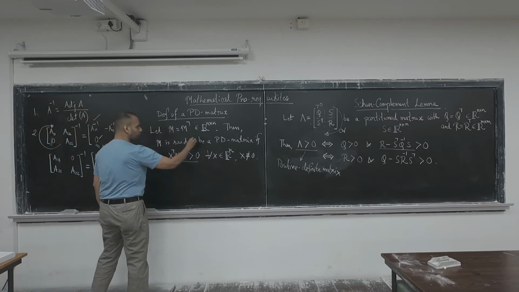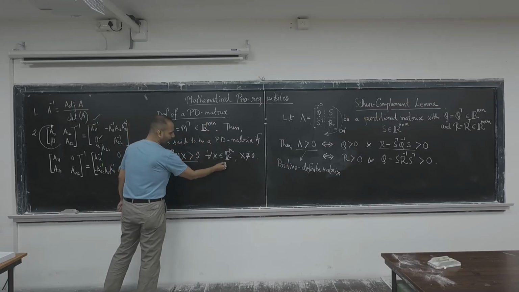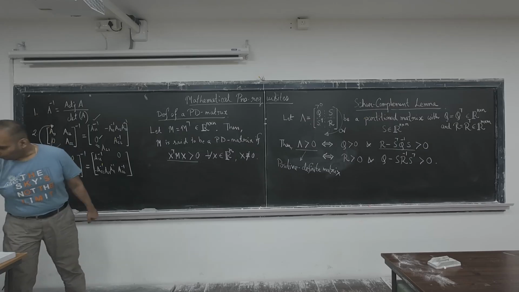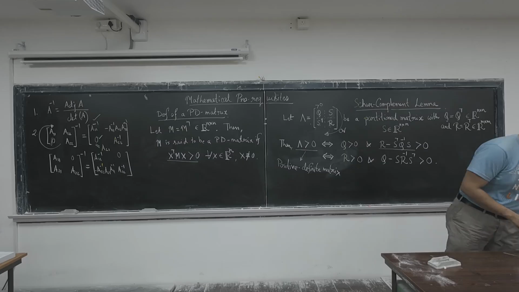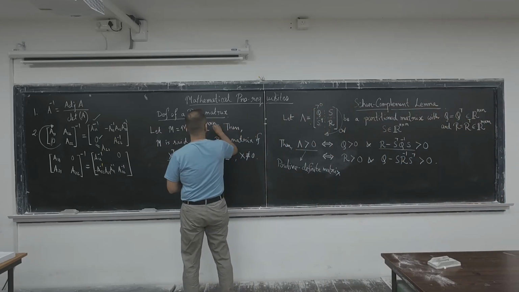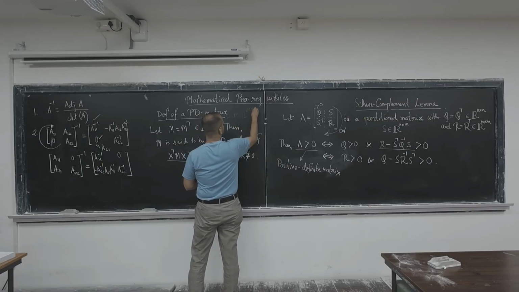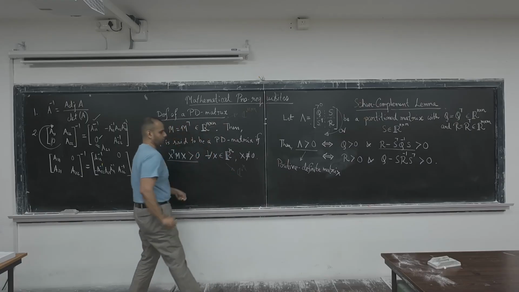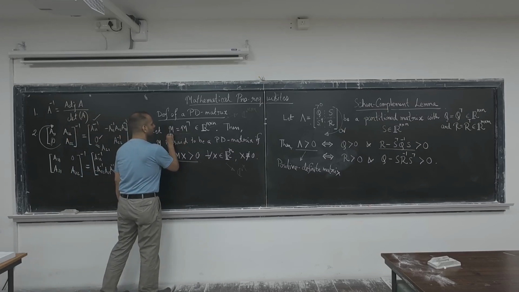If it is with respect to C, then it would be C n, and here also it will be C n cross n. Here you see the symmetry is very important.